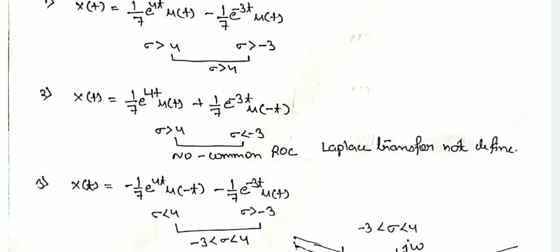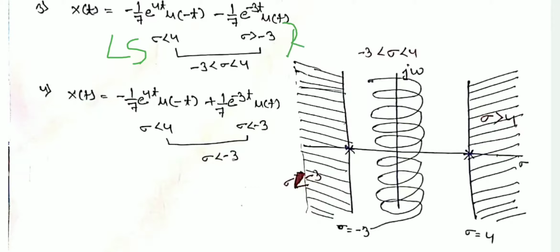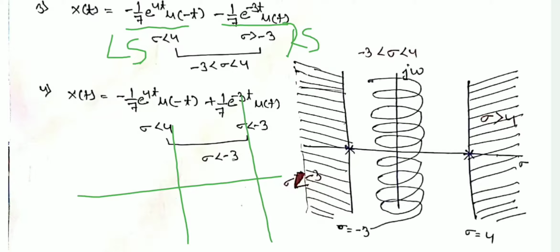Now for the third case, the first is left sided and the second is right sided, and we find this Laplace transform. When we plot this, the first is left sided, so it represents sigma less than 4.